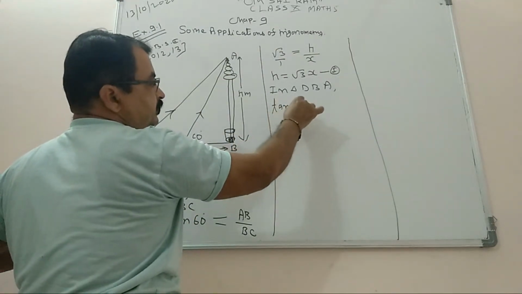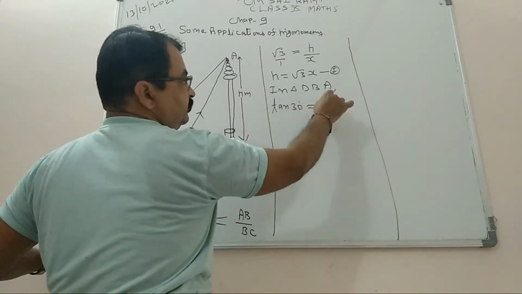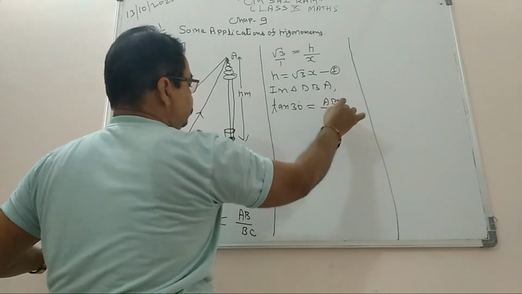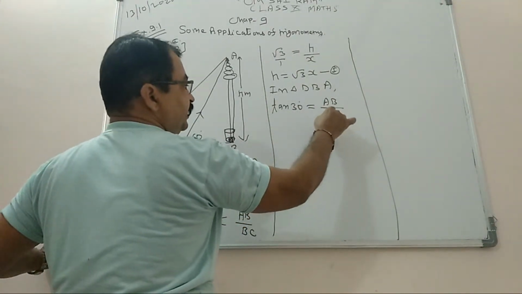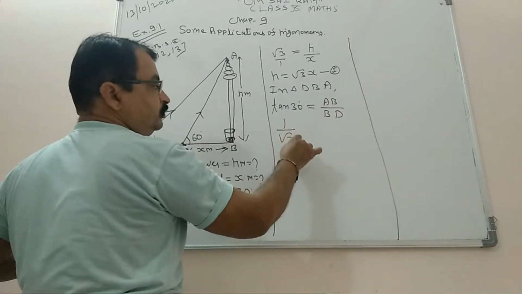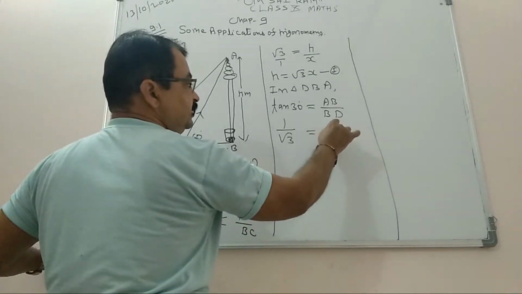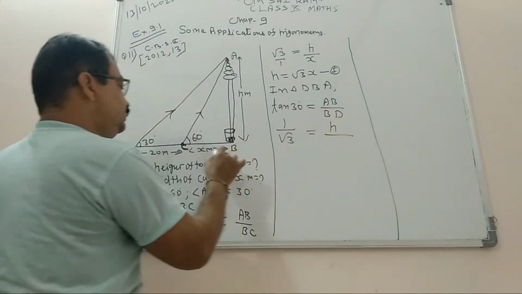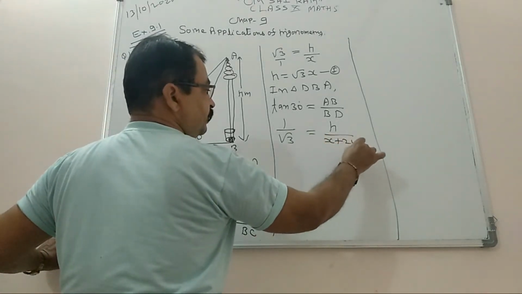Tan of 30 degree. What is the tan of 30 degree? Opposite, that is AB, upon adjacent. Adjacent is what? BD. So we will write here the complete side BD. Tan 30 is 1 upon root 3. Before this also we discussed. AB is H children, and BD is in 2 parts, that is X plus 20 children, right?